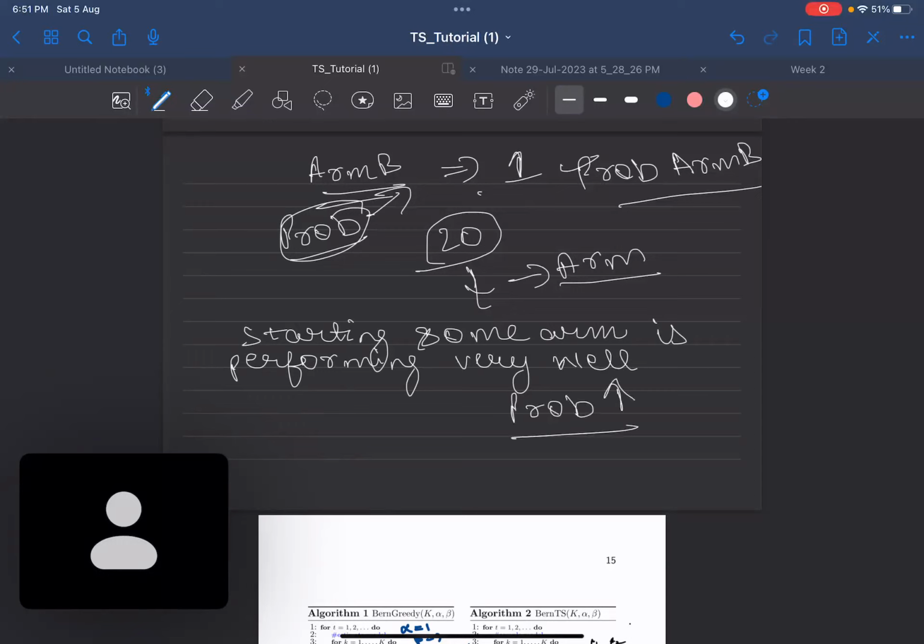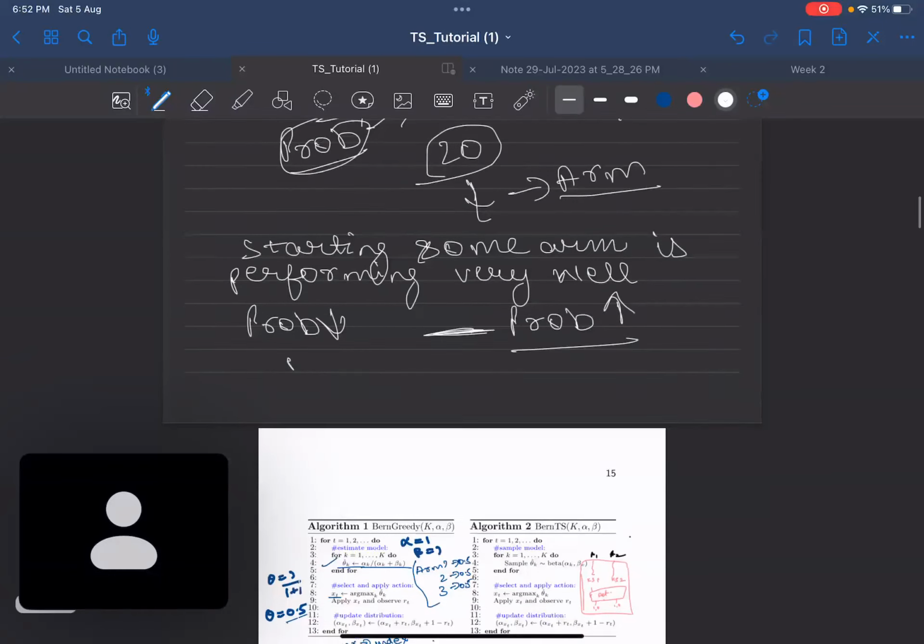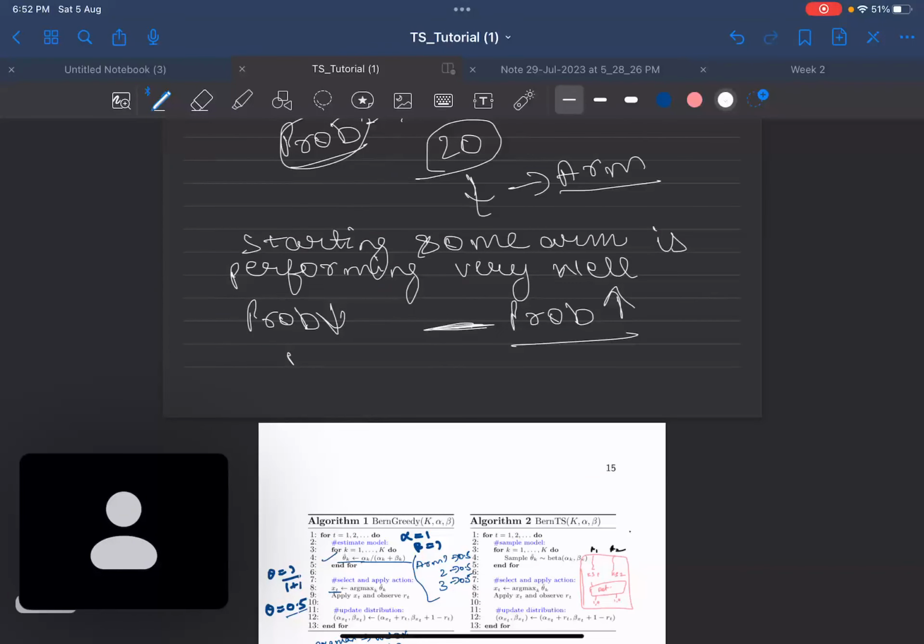Can I say that? Yes, ma'am. And the probability of other arms will be very low as compared to this probability. Can I say that also? Yes, ma'am. So if this arm is not performing well in 2-3 rounds or after some rounds, its probability is still high because it has gone so high as compared to the other one. Yes, ma'am, now I got it.